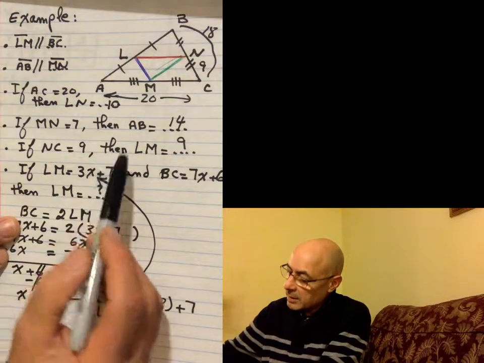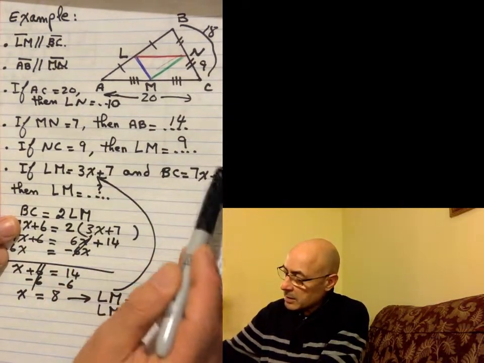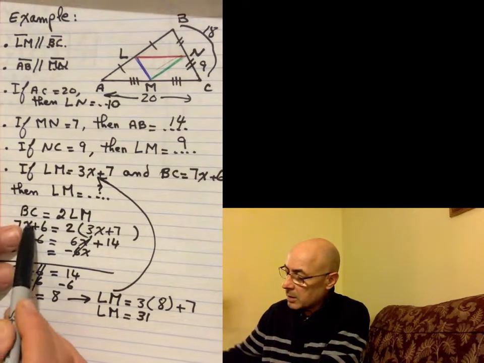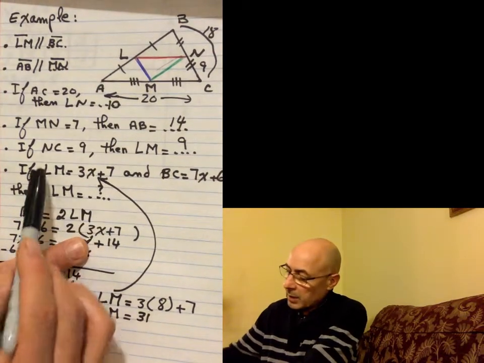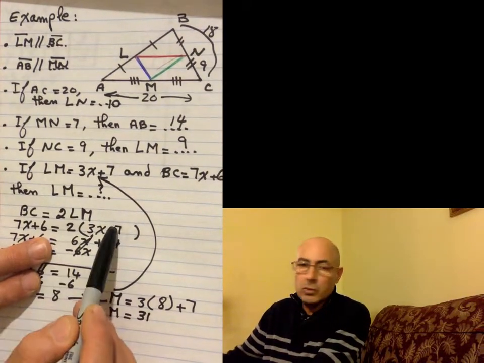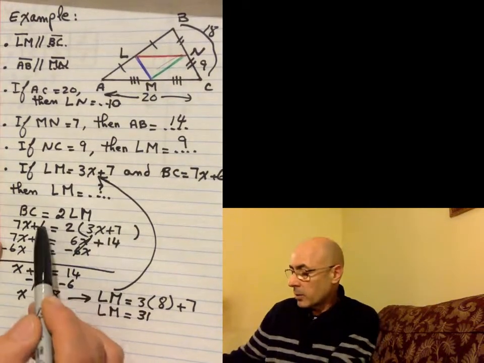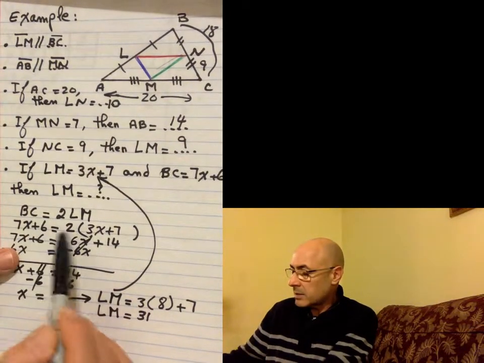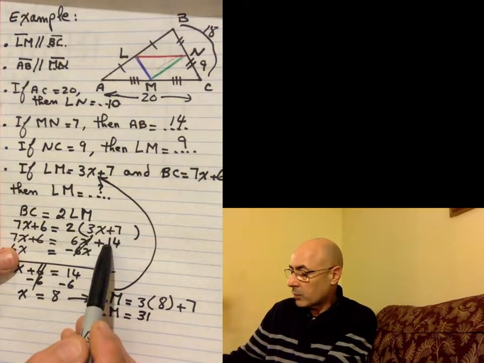And instead of BC, I'm going to use the 7x plus 6. 2 times parentheses. What's LM? LM is 3x plus 7. So now I need to distribute that 2 to the parentheses. So bring down the 7x plus 6, then 2 times 3, that's 6x. 2 times 7 is 14.